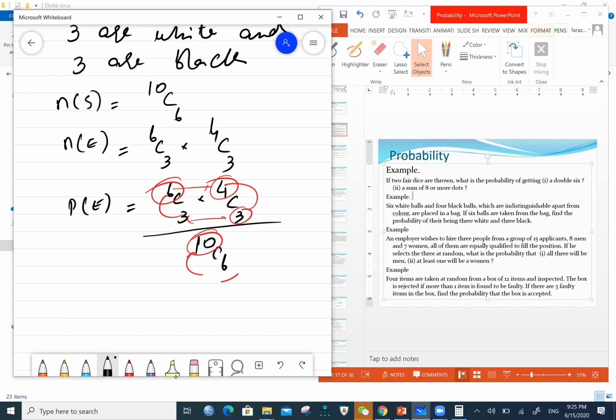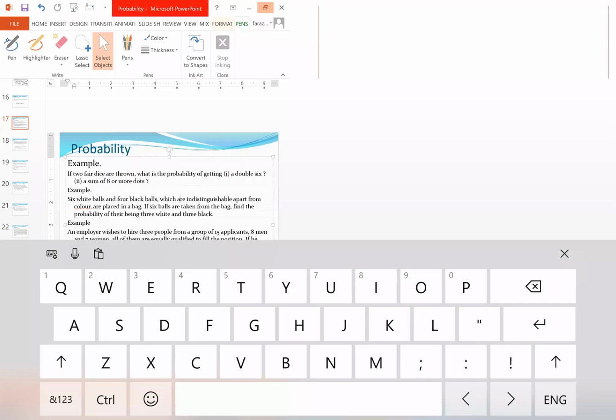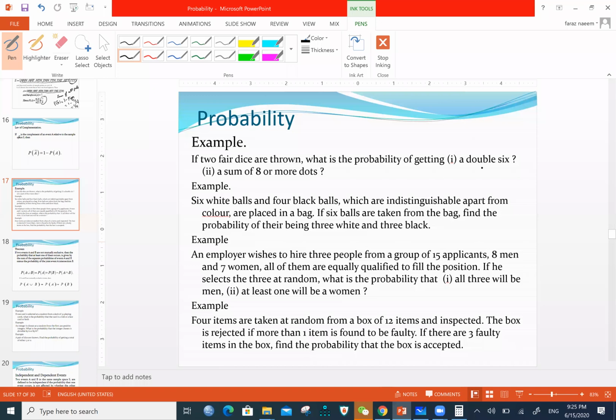For example, question number 1: if 2 fair dice are thrown, what is the probability of getting a double 6? You can change it: getting a double 5, a double 2, a total more than 11, a total less than 6. In this way, you can convert one problem into many.